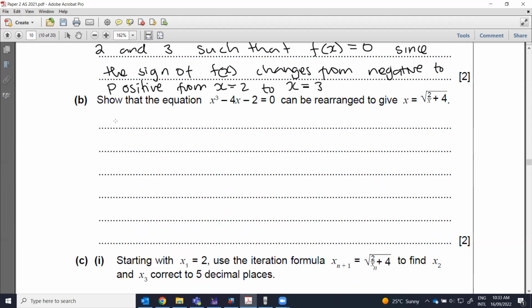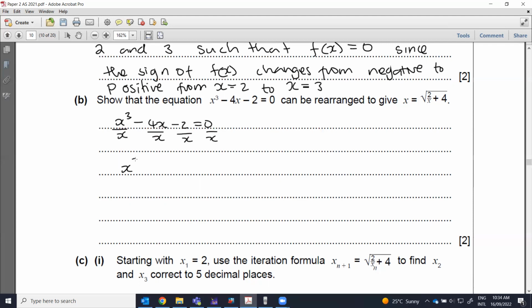So I have x cubed minus 4x minus 2 = 0. If I look at these, the highest power of x is 1 in each of these x terms that appear here. That should tell me I need to divide everything by x. So I can divide by x.